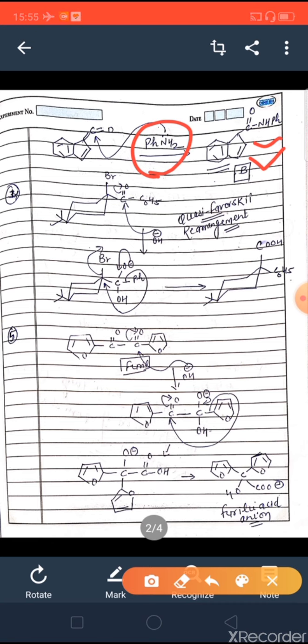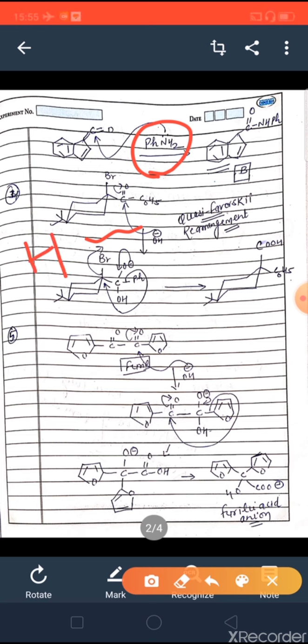Now come to question number 4, which is an example of the quasi-Favorskii rearrangement reaction. This is the case when we have alpha and alpha prime positions, and at these positions there is no hydrogen.